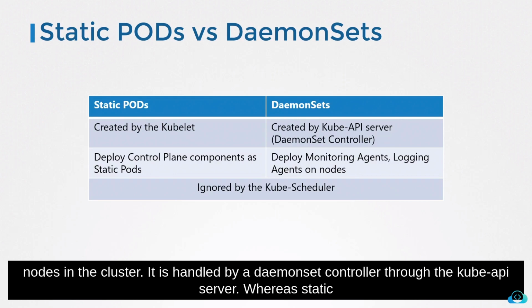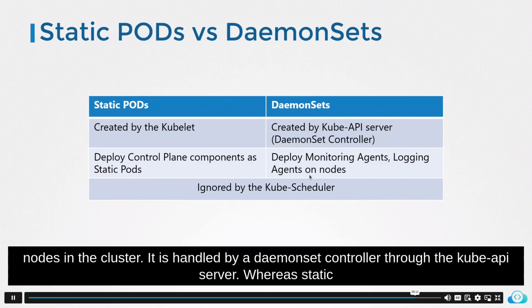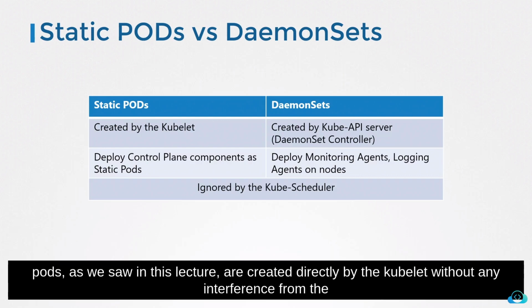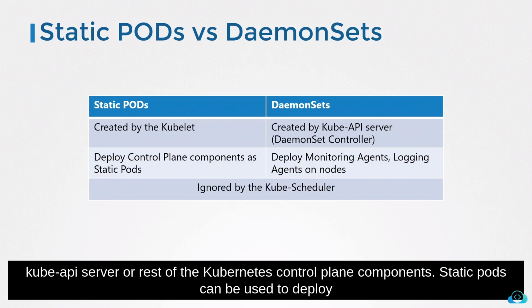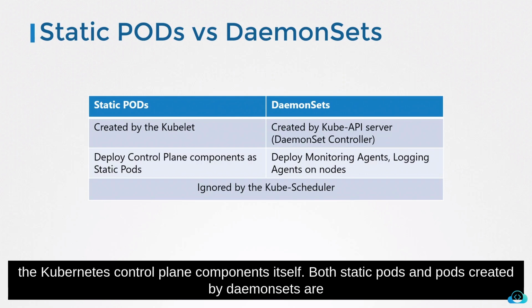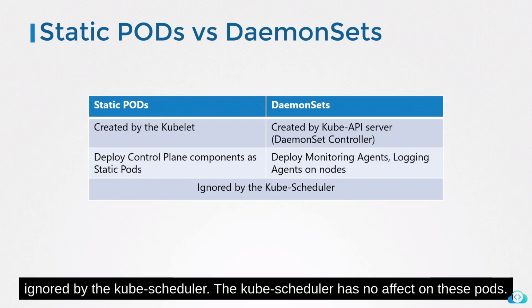It is handled by a daemon set controller through the kube API server, whereas static pods, as we saw in this lecture, are created directly by the kubelet without any interference from the kube API server or rest of the Kubernetes control plane components. Static pods can be used to deploy the Kubernetes control plane components itself. Both static pods and pods created by daemon sets are ignored by the kube scheduler. The kube scheduler has no effect on these pods.